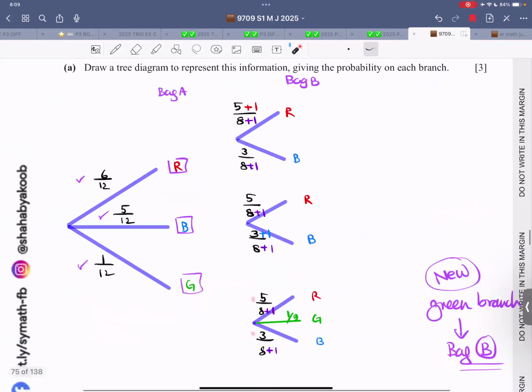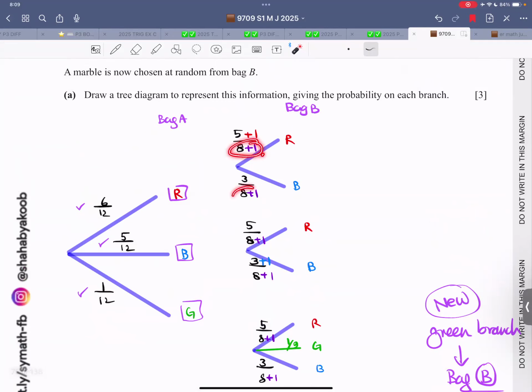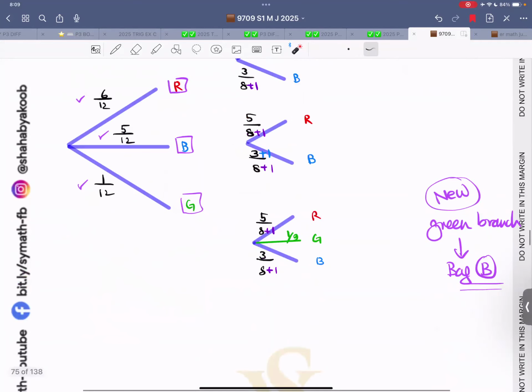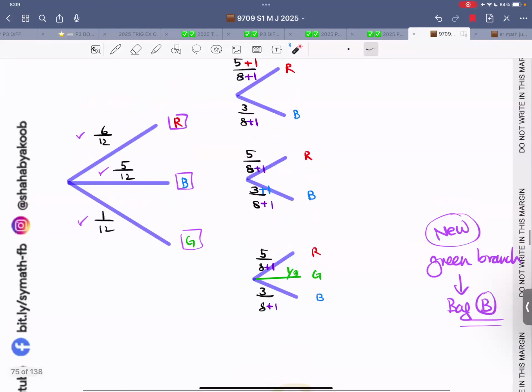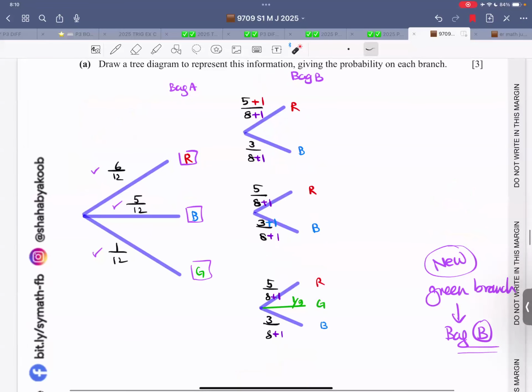Over here, the denominator is now increased to 9. That is obvious. Now, after red, when we are getting a red, the red increases by 1. After blue, getting another blue, the blue increases by 1. And since you are getting a green and there was no green over here, you were only having 2 colors, now you are adding a new thing, 1 over 9. That is the new thing over here. Have a good look at this.